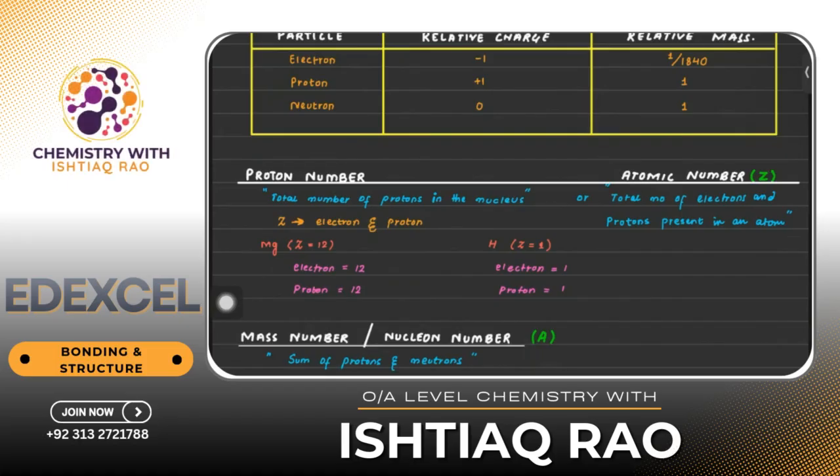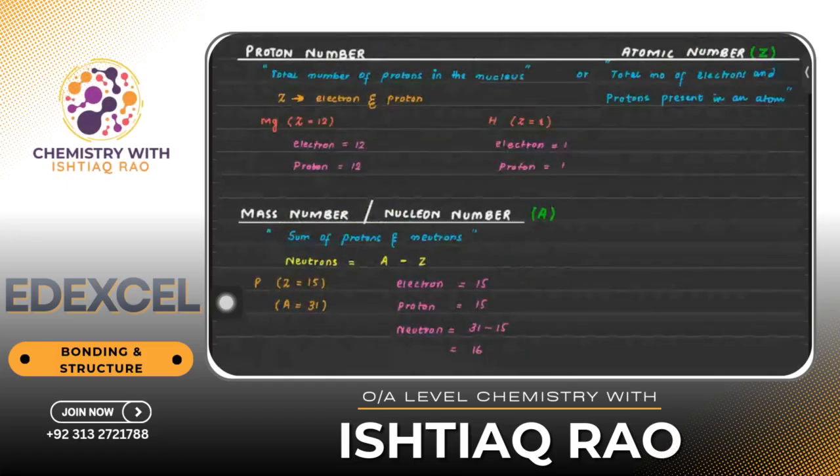Mass number cannot be in decimal. Mass number is the sum of proton and neutron. Proton is always a whole number and neutron is always a whole number. If they both are whole numbers, the sum of whole numbers would be a whole number. So that's why mass number is always a whole number.